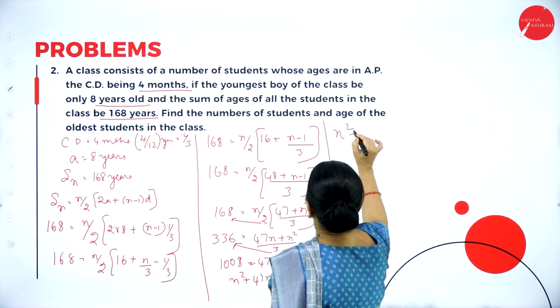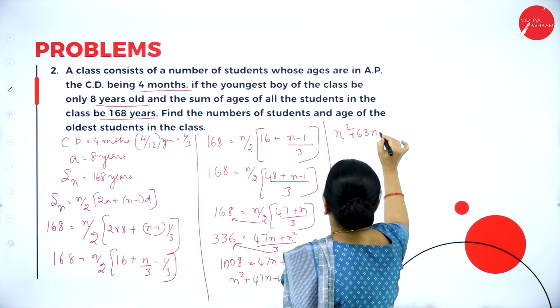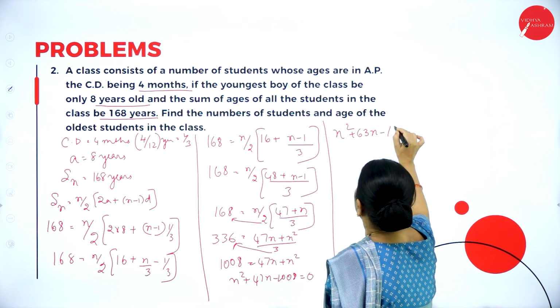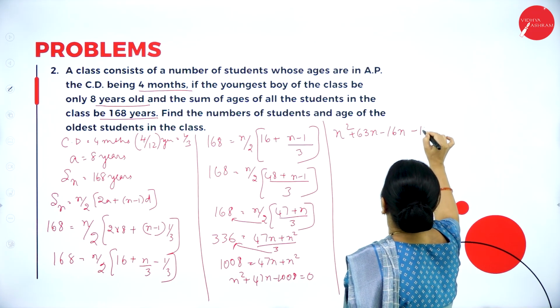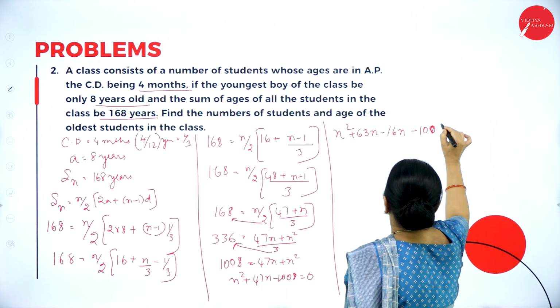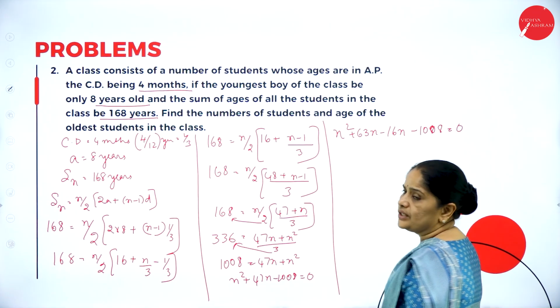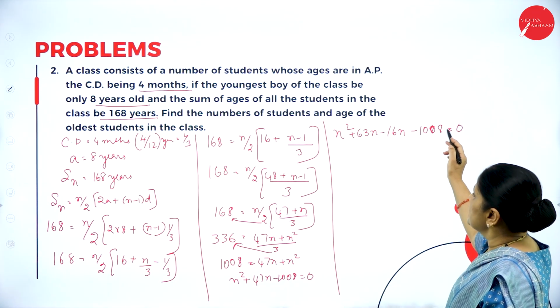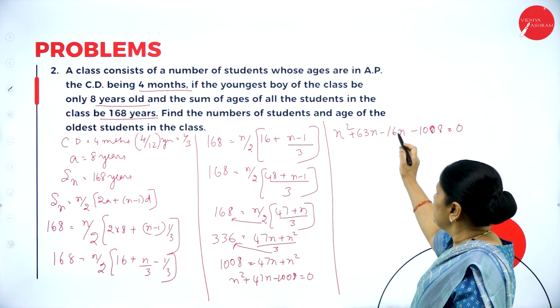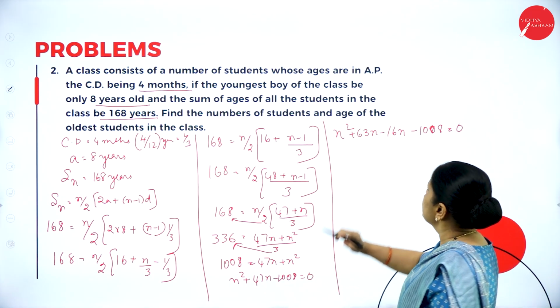n square plus 63n minus 16n minus 1008 is equal to 0. 63 into 16 is 1008. 63 minus 16 will be 47.